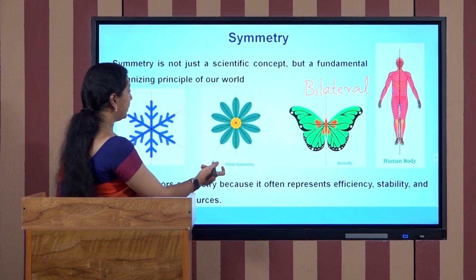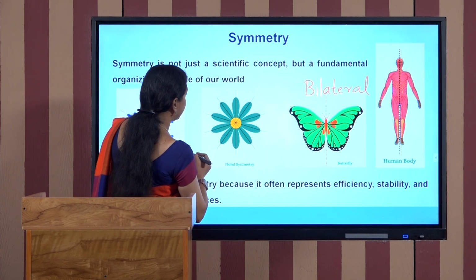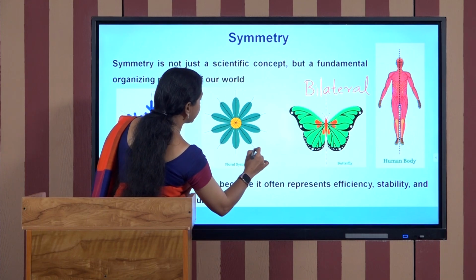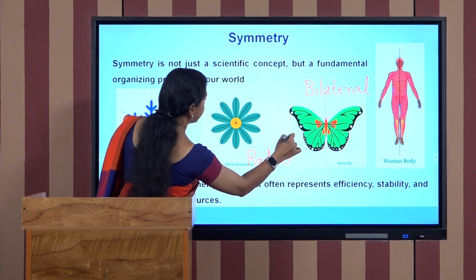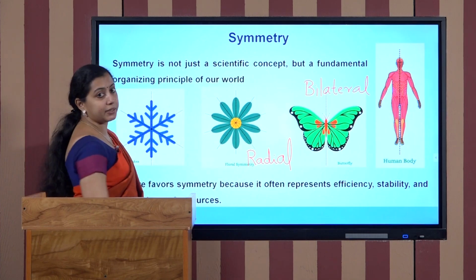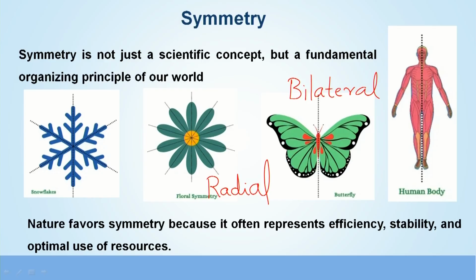For example, in this flower, we can see a radial symmetry, all the lines passing through one common center, so radial symmetry. Another example for symmetry can be seen in this snowflakes. A beautiful hexagonal symmetry can be seen in snowflakes.